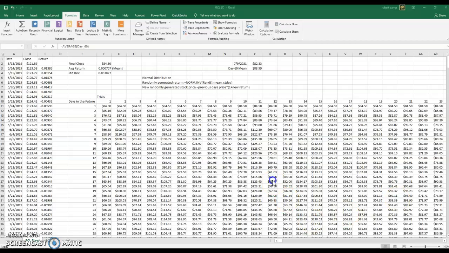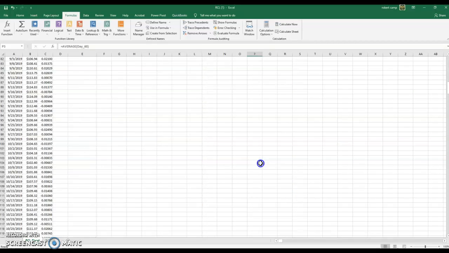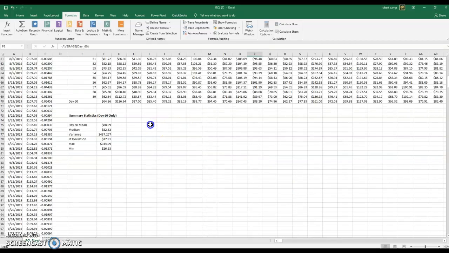So let's quickly take a look at some other statistic data since we have that here. Let's take a look at our percentiles. We'll look at the 5%, the 25%, the 50%, the 75%, and our 95%.